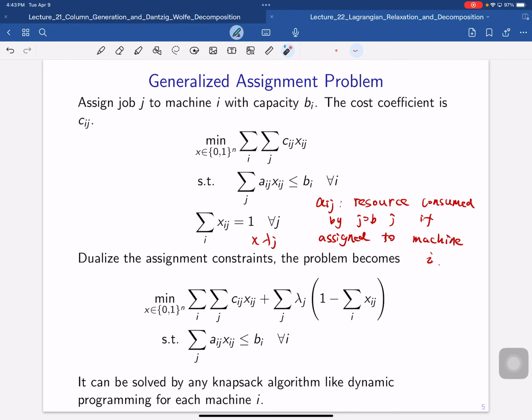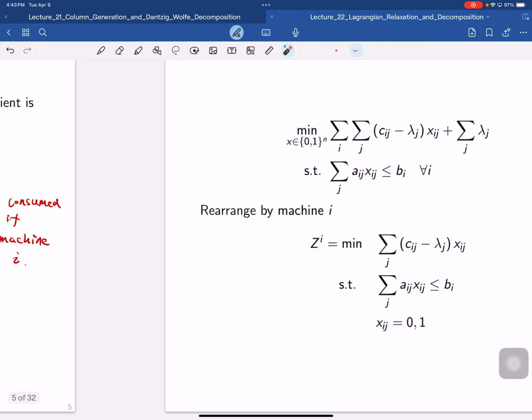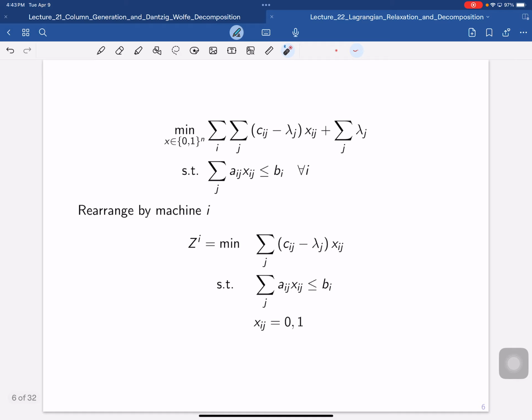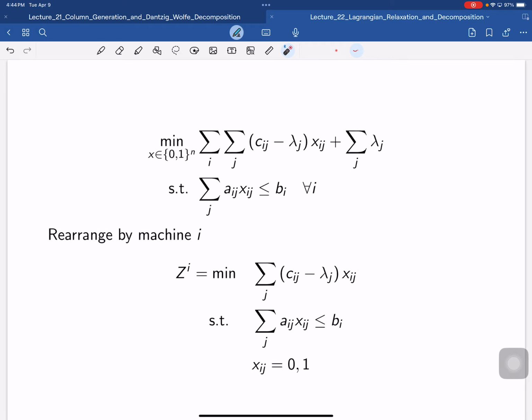Now, if you analyze it a little bit further, you will find out that after dualizing those assignment constraints, the rest of the problem is decomposable by each machine i. This is just a rewrite of the objective, and here are all the constraints for each machine i.